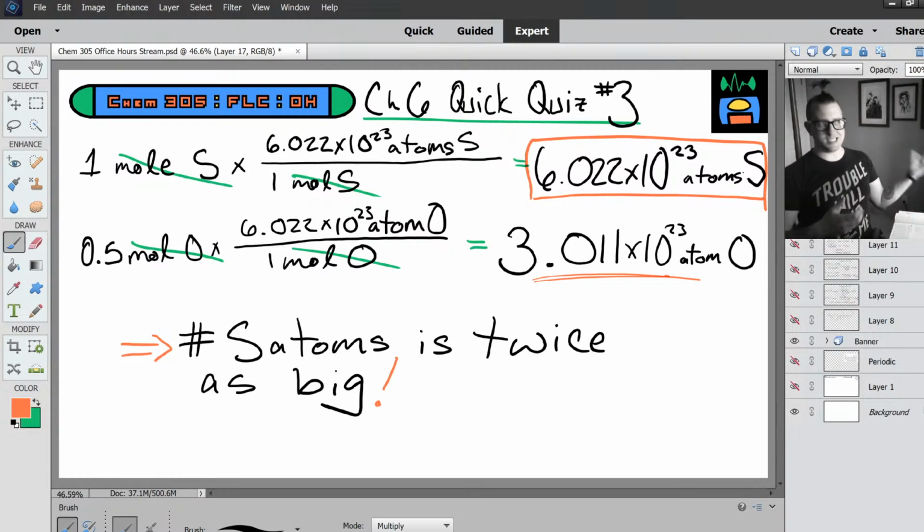Because a dozen has 12, 6 has 6. And so one is twice the size of the other. It's the same with mole and 1/2 mole. 1 mole is just a number. It's like a dozen. So if you have 1/2 mole, you have half as much. Hopefully that makes sense.